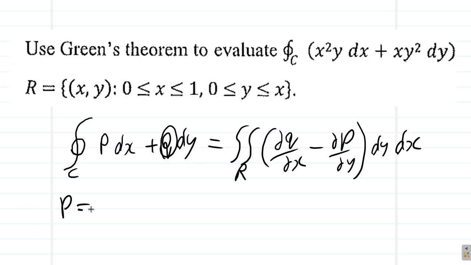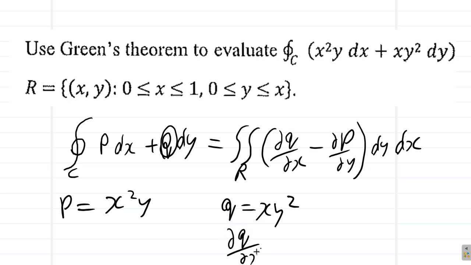In this case, p is x squared y and q is xy squared. Partial q by partial x would be y squared, and partial p by partial y equals x squared.